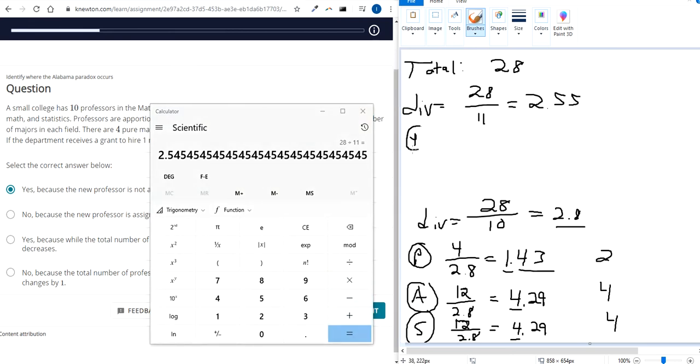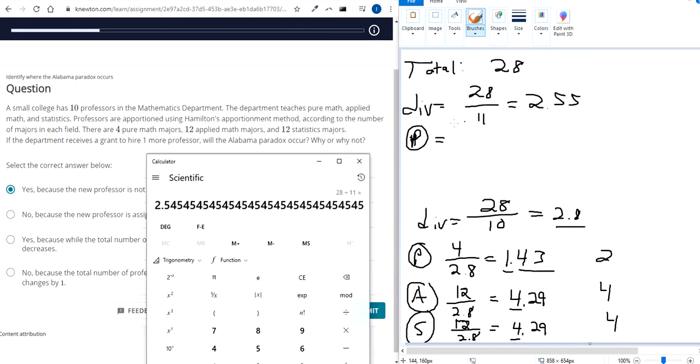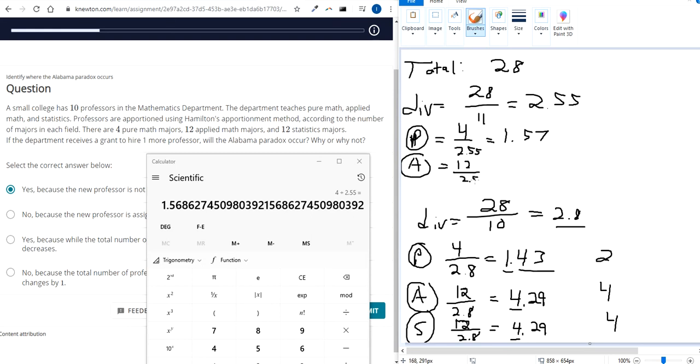So for pure math, again, you take the number of math majors that are pure math, divide by the standard divisor, and no surprise there. 4 divided by 2.55, we've got 1.57 professors. For applied math, you got 12 divided by 2.55, so we got 4.71.